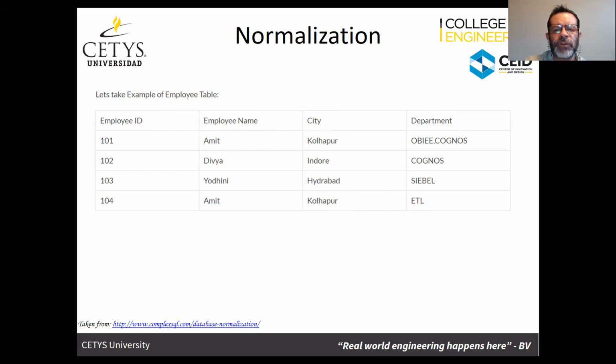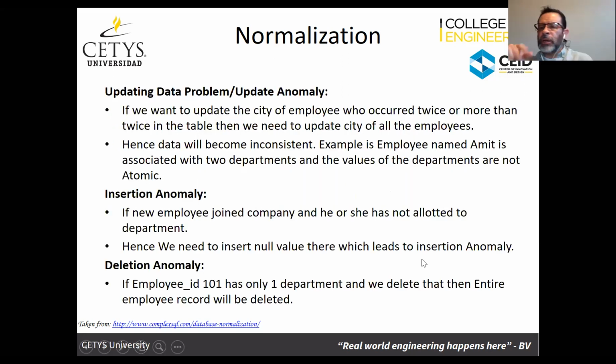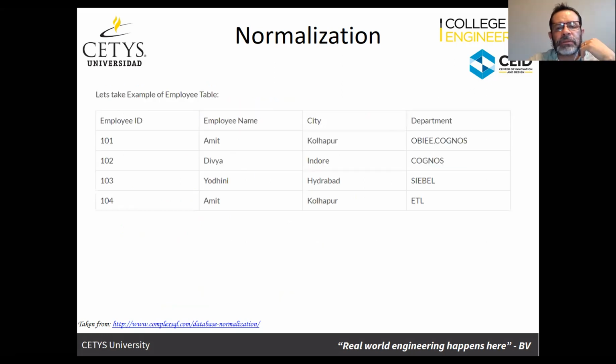Okay, let's move on. So these are the anomalies that we're talking about. Remember these anomalies. I'm going to ask you about these anomalies. So we've got updating anomalies. Any sort of update that we want to do on this table, okay?